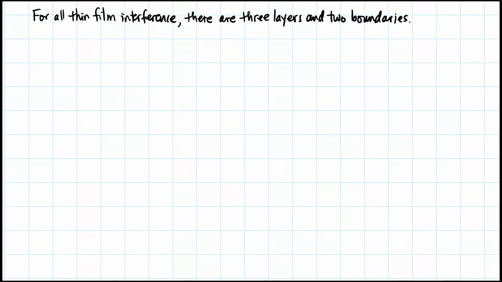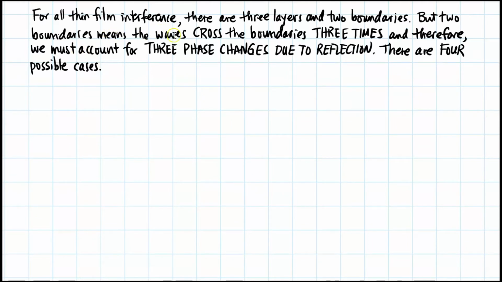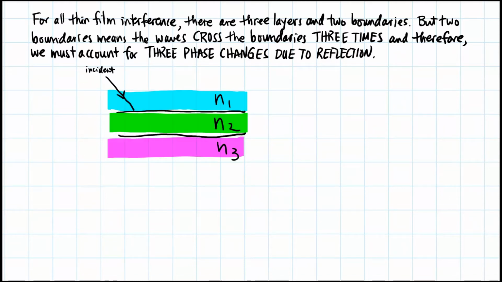In thin film interference, there are 3 layers and 2 boundaries. 2 boundaries means the waves cross the boundaries 3 times, and therefore we must account for 3 phase changes due to reflection. There are 4 possible cases. The incident wave reflects off boundaries 1 and 2. That's the first reflection. The refracted wave is going to reflect off of boundary 2 and 3.